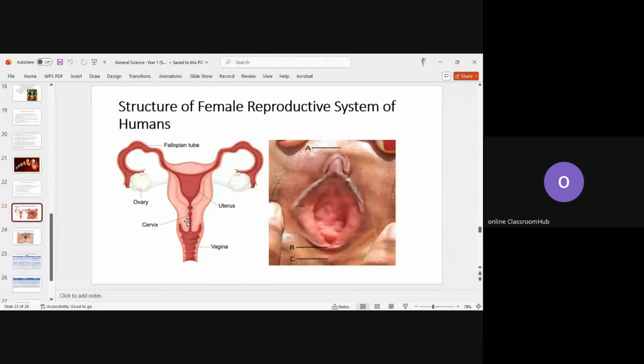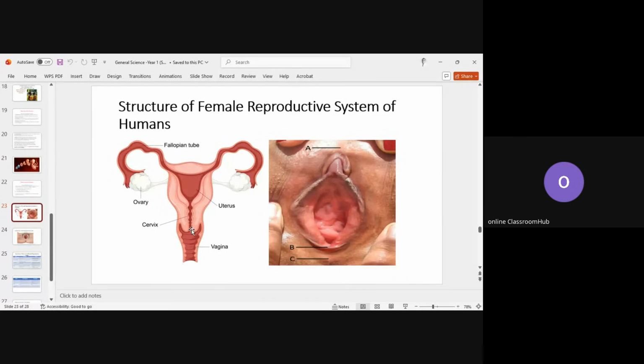And then we have the cervix. This cervix links the womb to the vagina. It's a tunnel. This cervix closes. It doesn't allow things to be passing through to the womb. This cervix is discriminatory. It doesn't even allow all sperms to pass through it. It stops most of them.